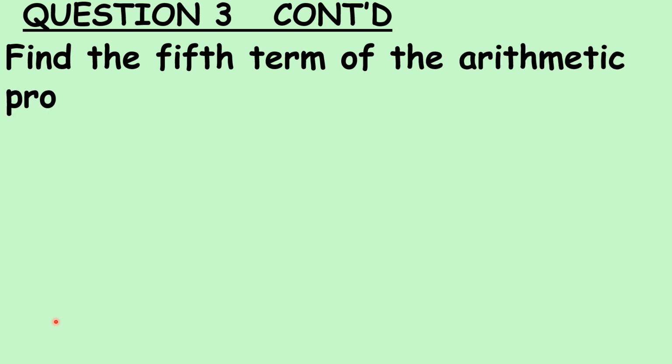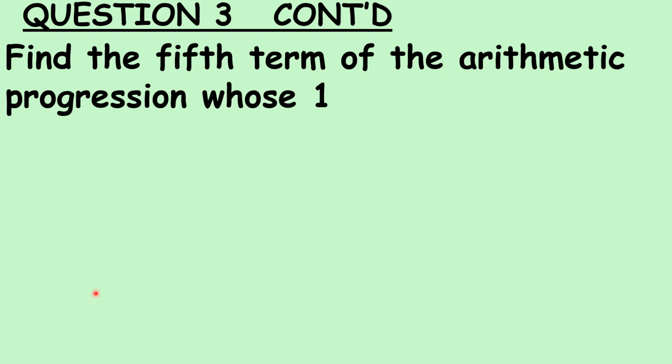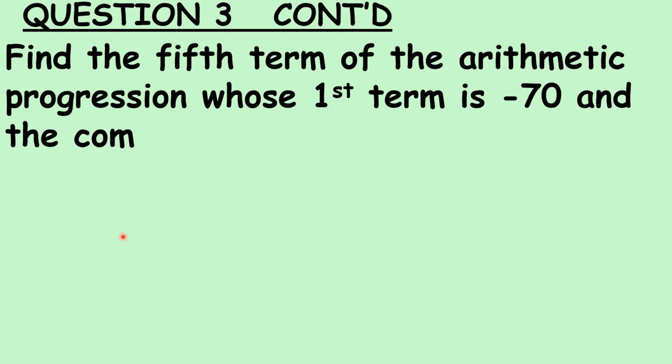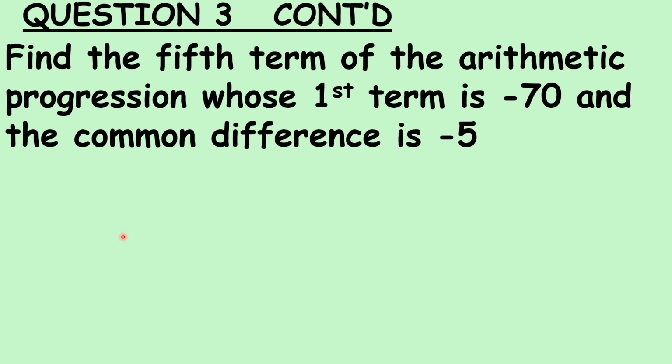The check is such that, assuming we did not know how to use the arithmetic progression formula, and we wanted to see what the fifth term of the arithmetic progression is, knowing fully well the first term, which is minus 70, and also having an idea of the common difference, which is minus 5.